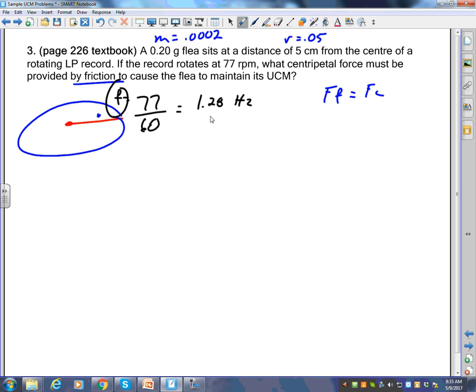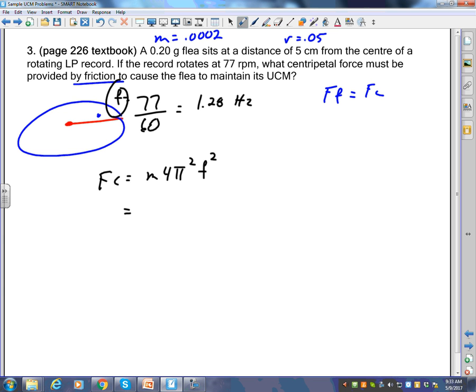Okay, so we can use our new friend that I just showed you. We can now go to Fc equals m 4 pi squared f. Is it f or f squared? F squared. I always forget. These are the ones I always get mixed up. I think this is the way the book does it.